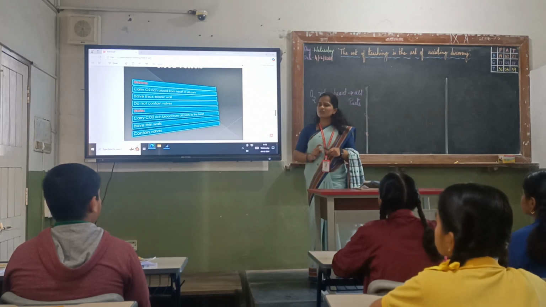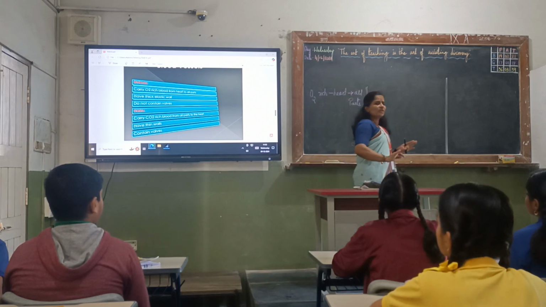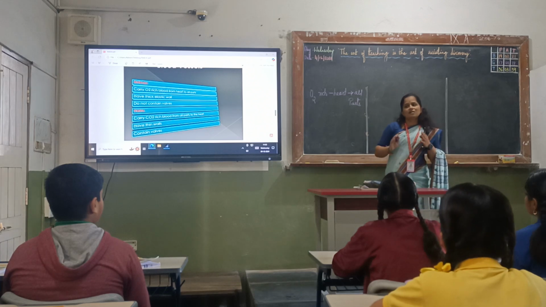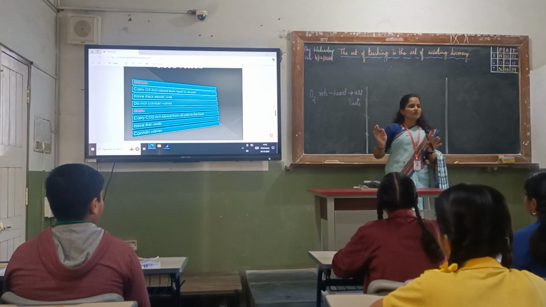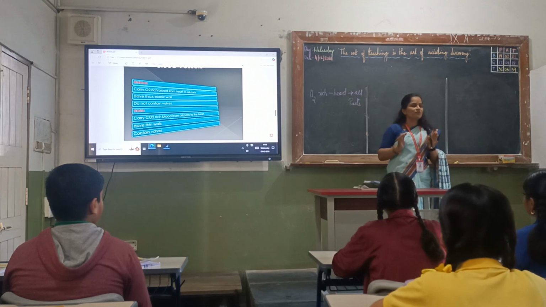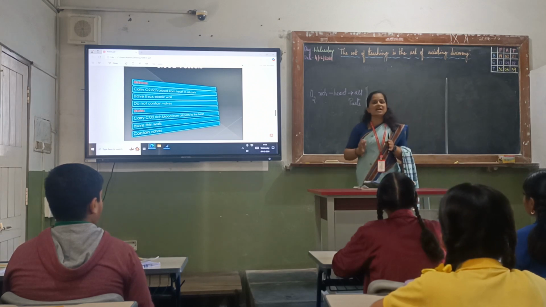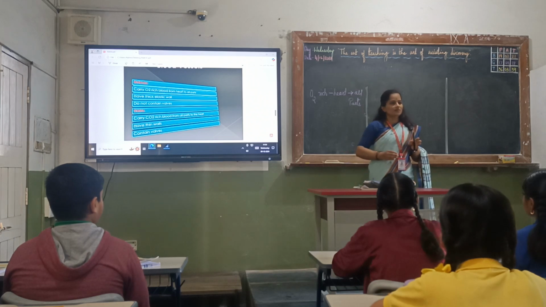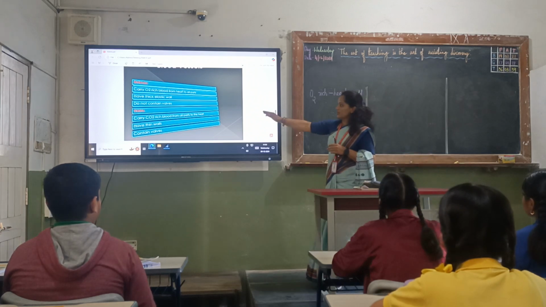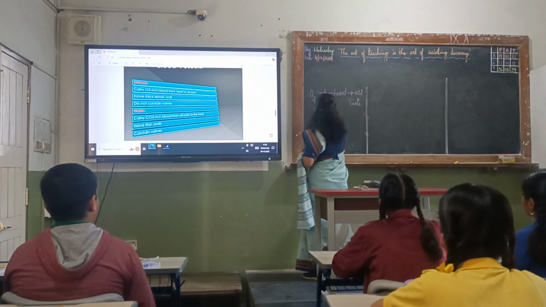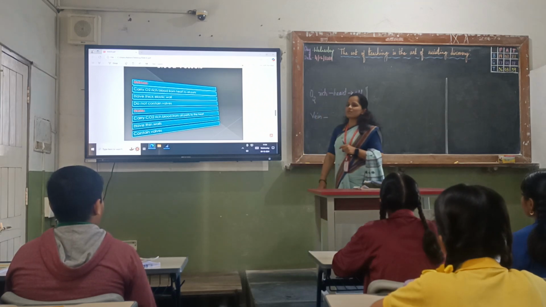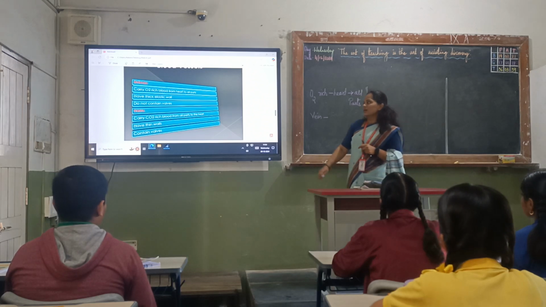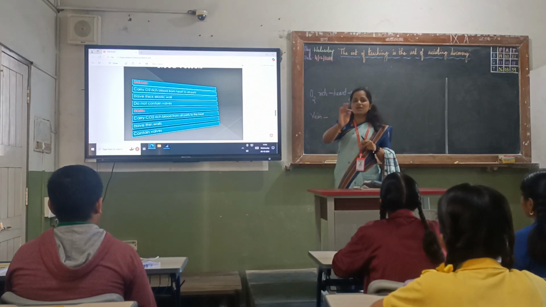Then arteries do not contain valves. No need of valves because blood is flowing from the heart to all parts. So generally, what is the function of the valve? A valve gives direction to the blood. So, second blood vessel is the vein, and it carries carbon dioxide rich blood from all parts to the heart.